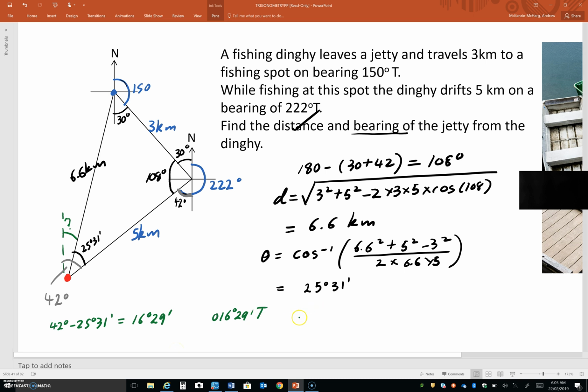As a reduced bearing, north 16 degrees 29 minutes east. Or we could start at east and it would be 73 degrees 31 minutes towards north. Probably less likely you go with the last one, but just in case you did.